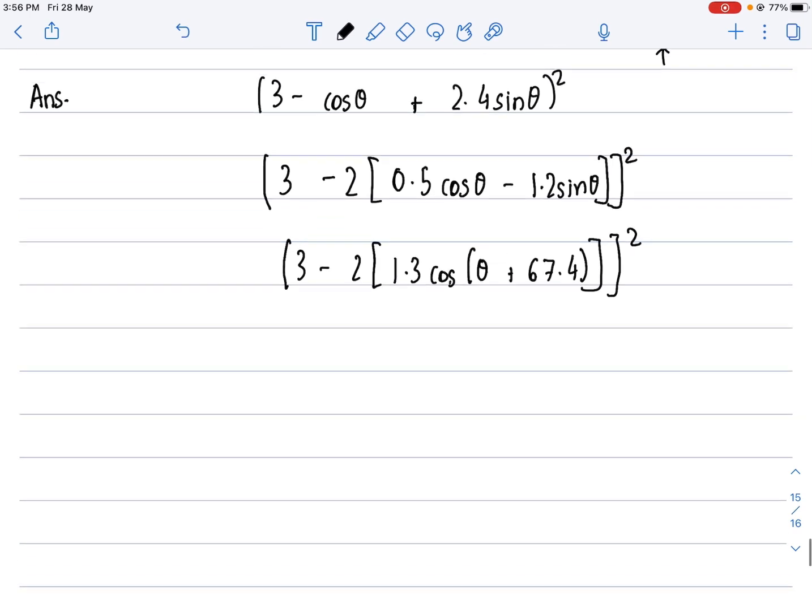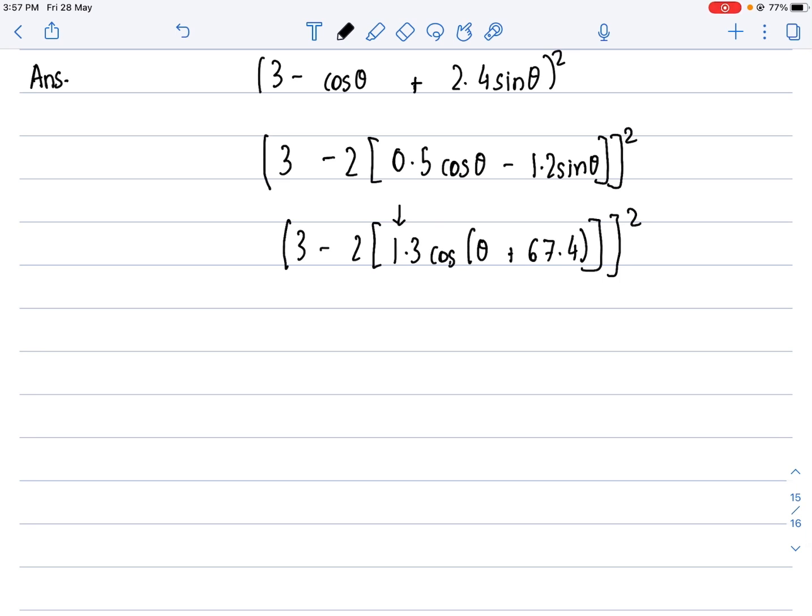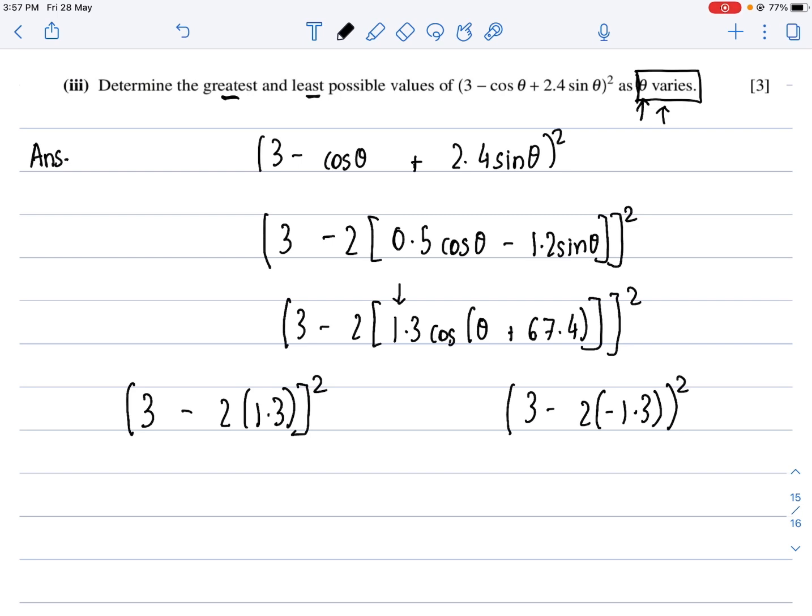But now here they are saying theta is varying. That means we only look at the r. We have two situations here. We can write this as 3 minus 2 into 1.3 the whole squared, and the second situation is 3 minus 2 into minus 1.3 the whole squared. These are the two situations when they say theta varies. So in these kinds of questions, you can forget this part and only care about the r.